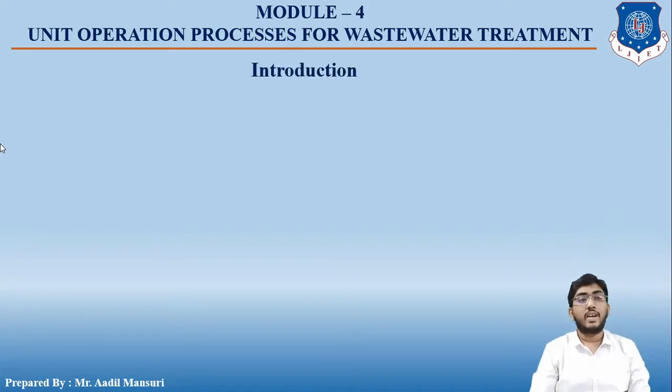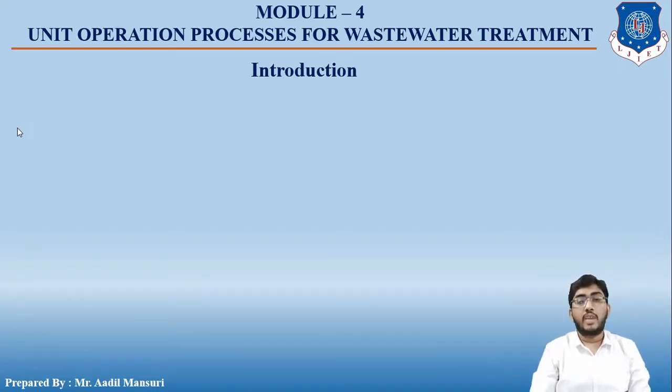So let us start with the introduction. Up till now we have already discussed why wastewater treatment is necessary. The treatment of wastewater usually depends on the impurities that are present in it. Usually the impurities that are present are in the form of physical, chemical or biological impurities, and accordingly the treatment that is given is physical treatment, chemical treatment and biological treatment.